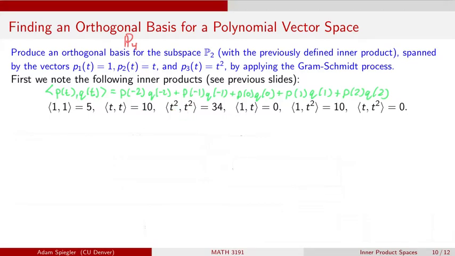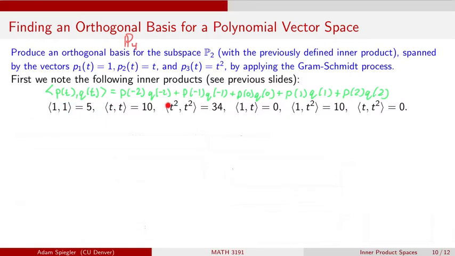T squared with itself is 34. The inner product of 1 with the polynomial t is 0, so these two polynomials are orthogonal to each other. The inner product of 1 and t squared gives me 10, so these two polynomials are not orthogonal to each other. And the inner product of t with t squared gives us 0.